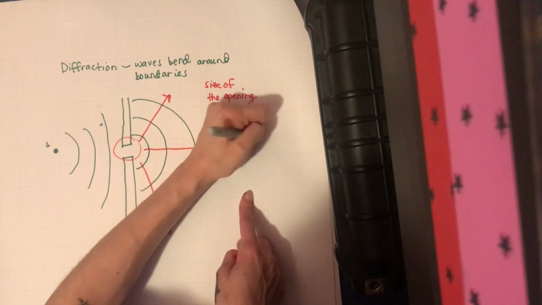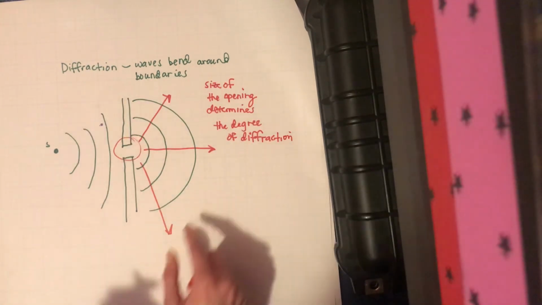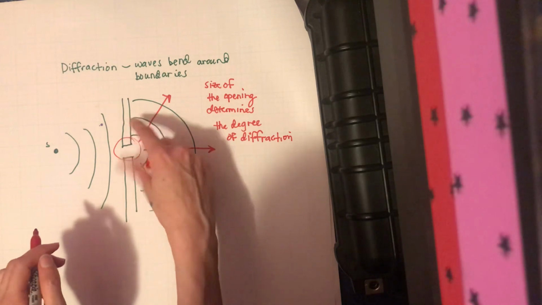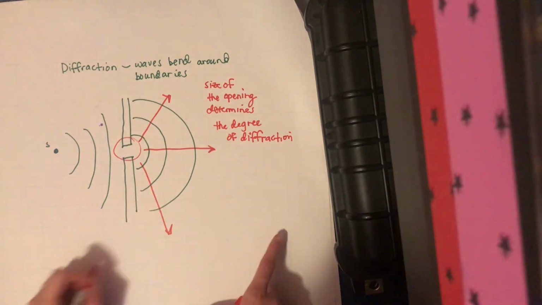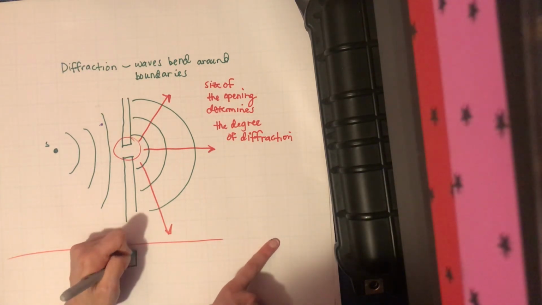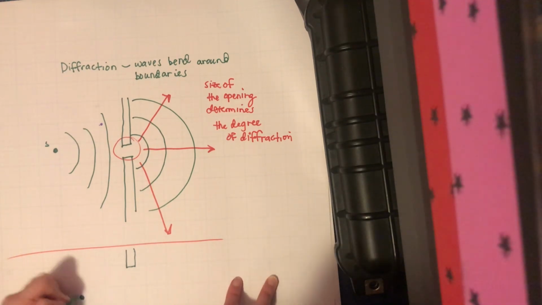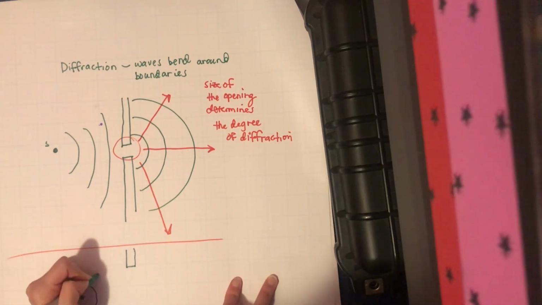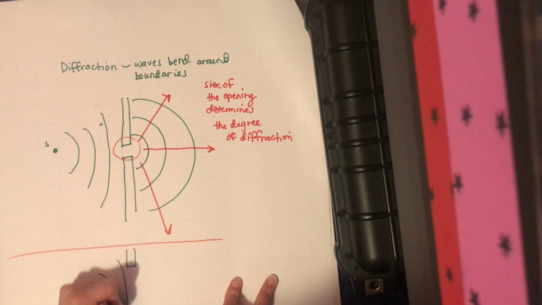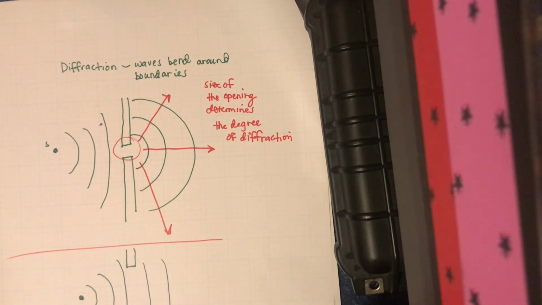So if you have a really big boundary, or a really big slit, I should say, if this was wider, you wouldn't get as much bending happening. If I had a slit like this, and here's me, the source, sound is propagating towards this boundary, you're not going to get a whole lot of spreading happening. It's going to be really, really minimal.